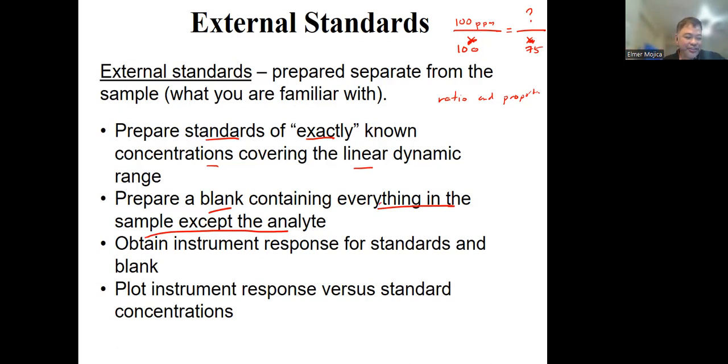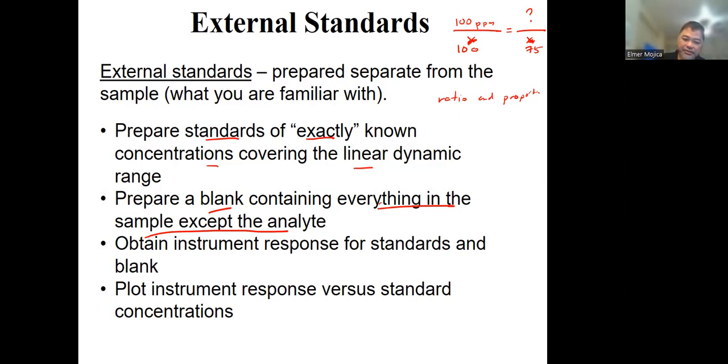The answer is no. The definition of the blank is everything in the sample except the analyte. When you get the reading, you always have the blank subtracted, so that the response comes just from the analyte. Take the signal of the blank, then subtract it from all the signals of your samples.